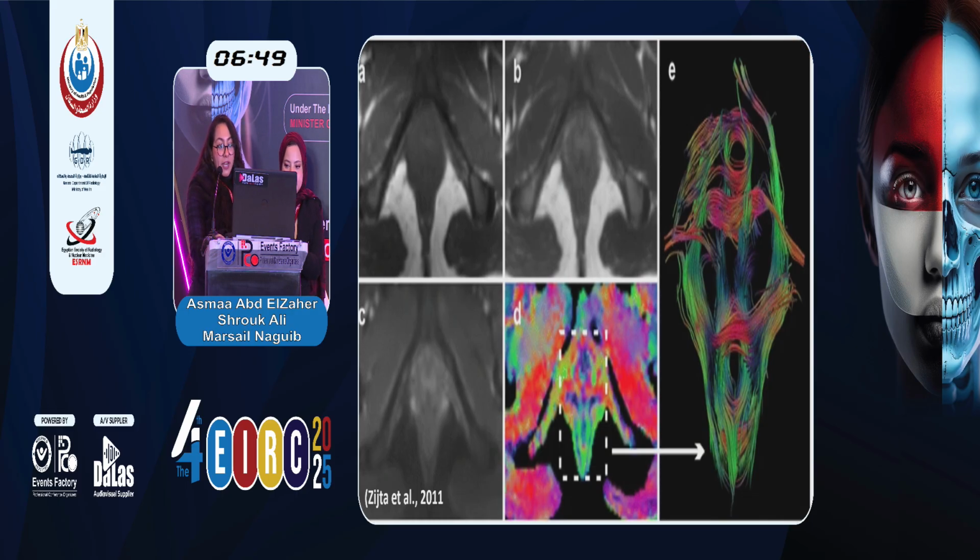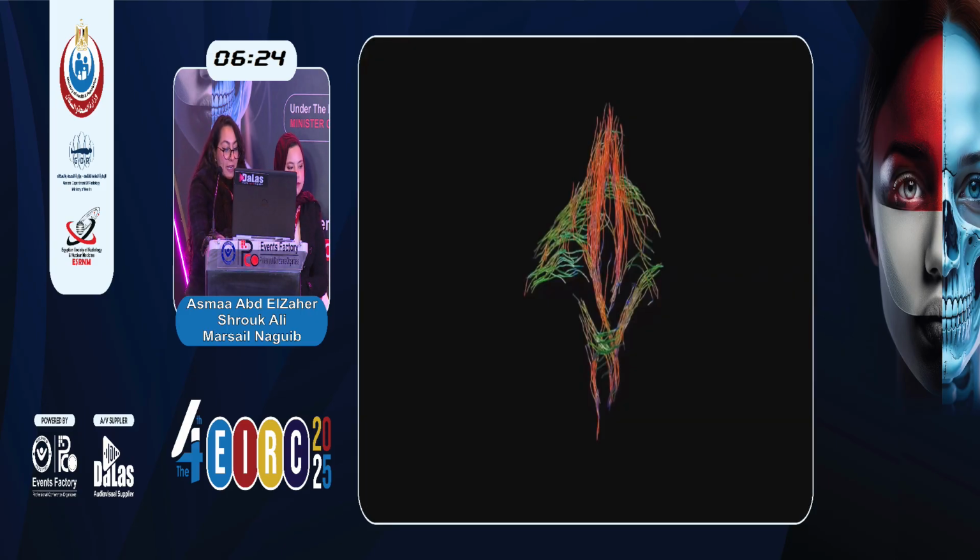Another image from literature: A represents axial T1, B represents axial T2, C represents diffusion, and D represents the color-coded direction of fractional anisotropy. When we apply the whole volume seeding, we have image E, which represents the 3D tractography of the complex anatomy of pelvic floor muscles.